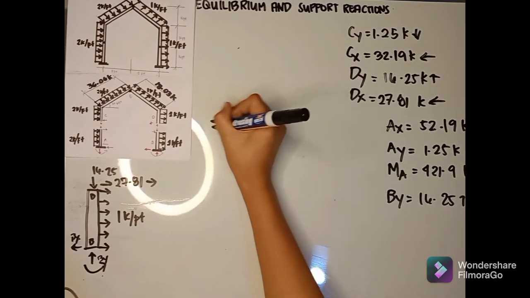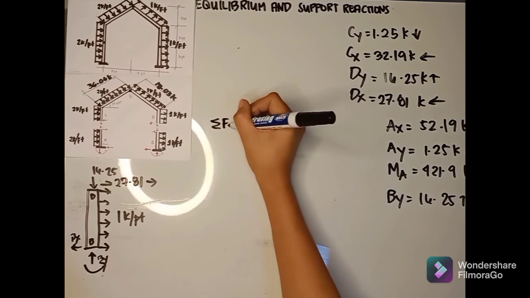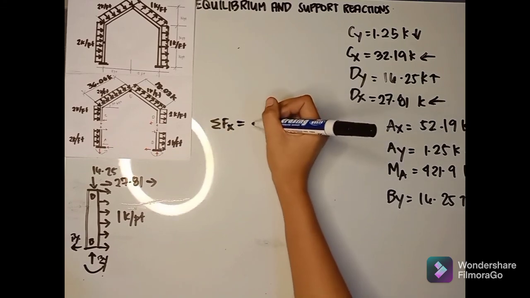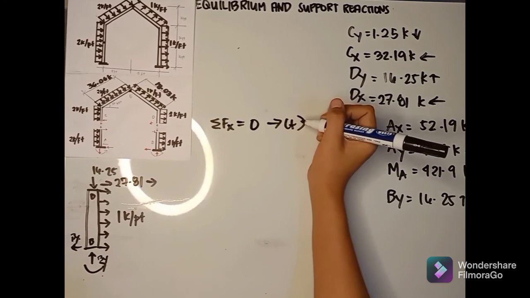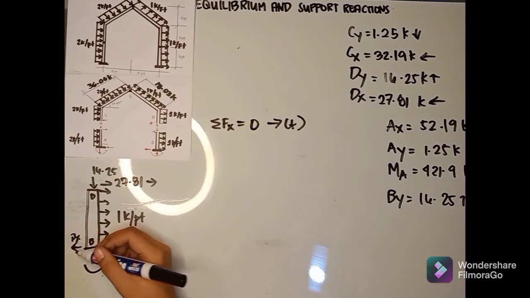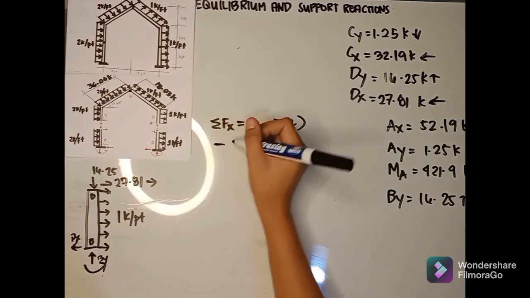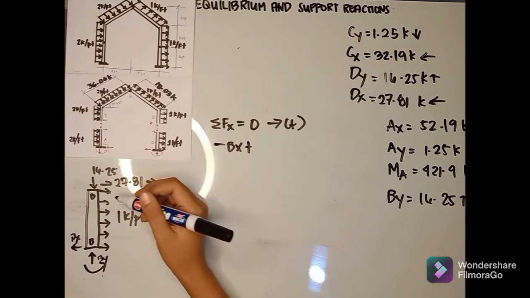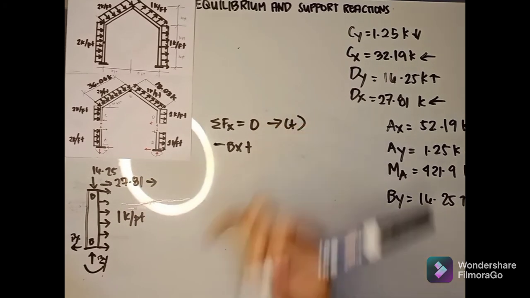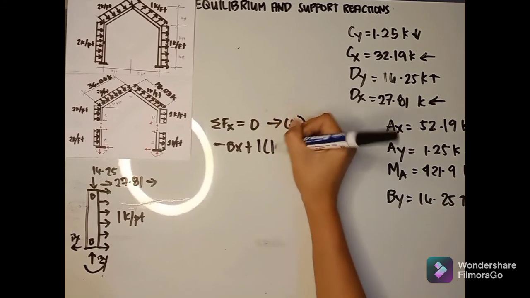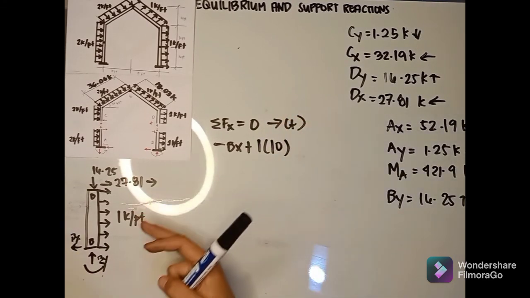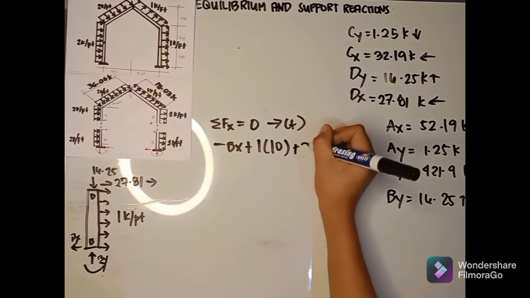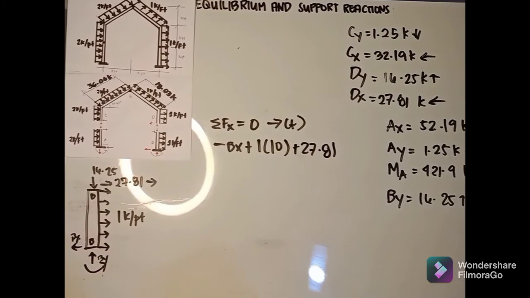Now, solving for the horizontal component of segment BD, summation of Fx equals 0, to the right is positive. To the left man yung BX, so negative BX plus yung ating uniformly distributed load na 1 kips per feet times 10, yung kanyang length, plus yung ating DX na 27.81 is equals to 0.